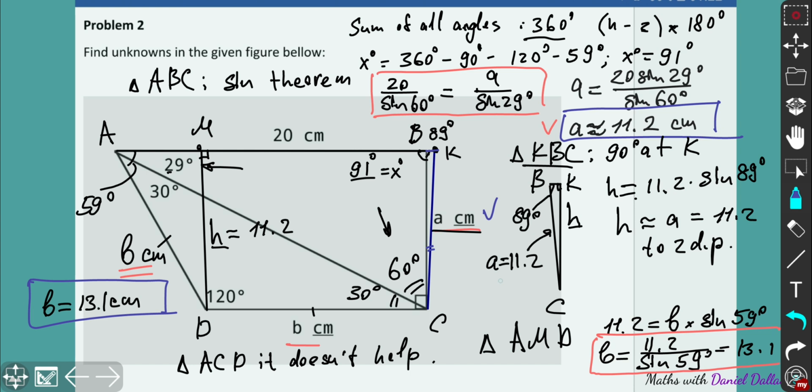So hope you understand the idea of rounding, so that you can believe that A is almost the height. Make sure you understand this approach, and that was the answer.